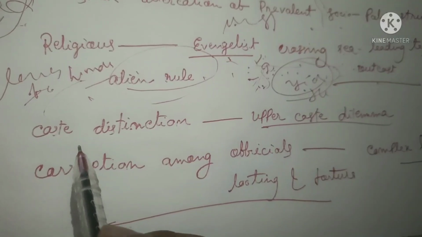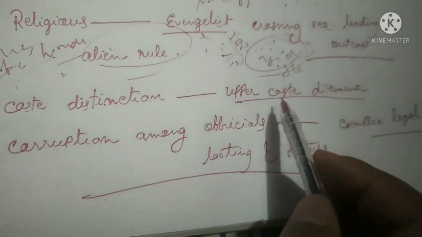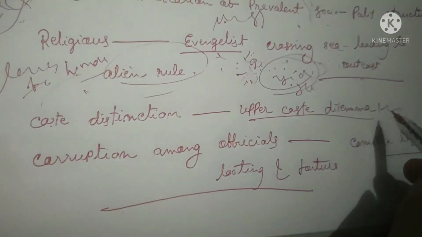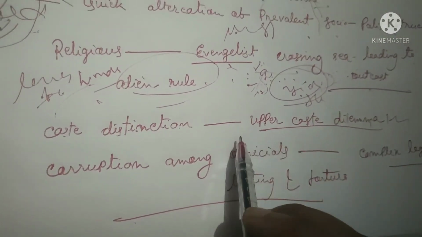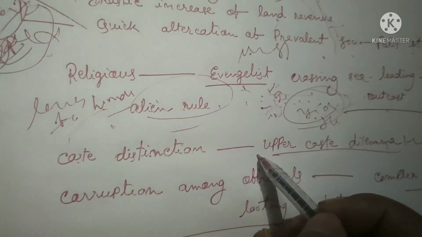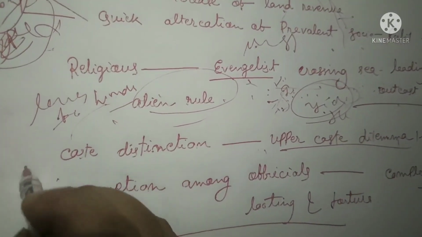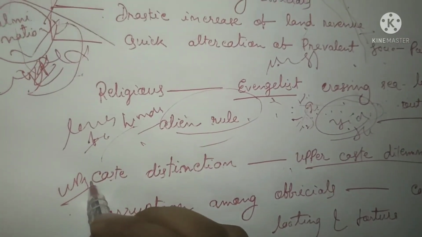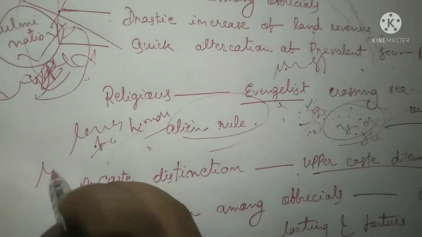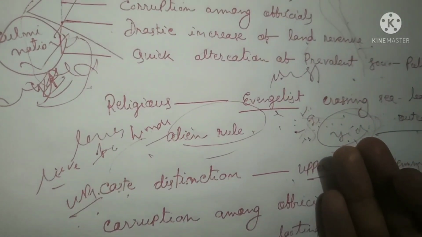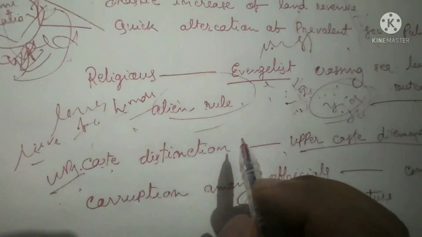In that way, next is caste distinction, the upper caste dilemma. What is this dilemma? When the soldiers were first recruited, the upper castes were given predominance, with the condition that they would be privileged to live as per their religious dictum, which eventually turned out to be fatal.